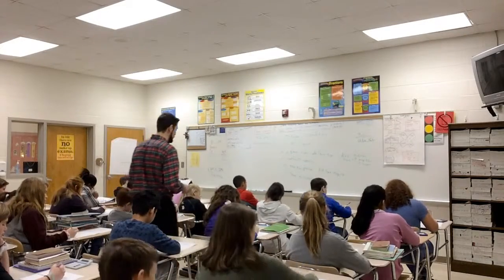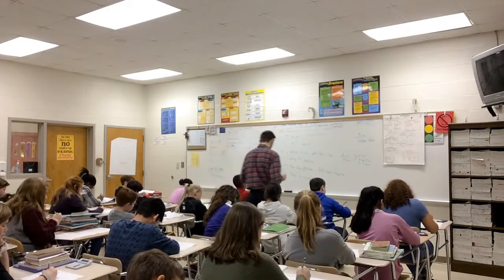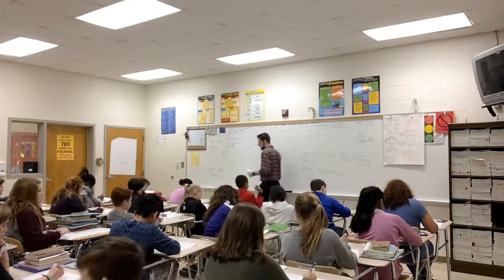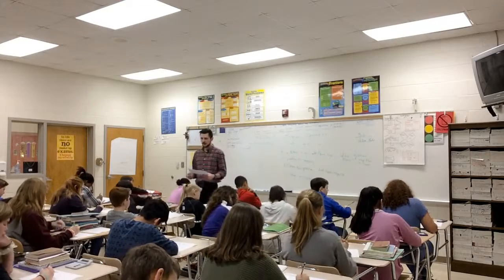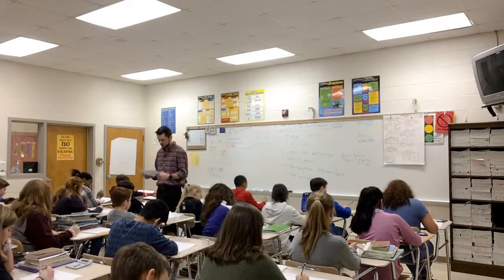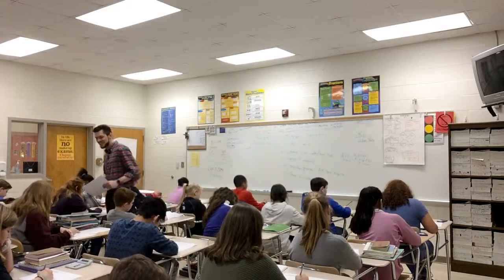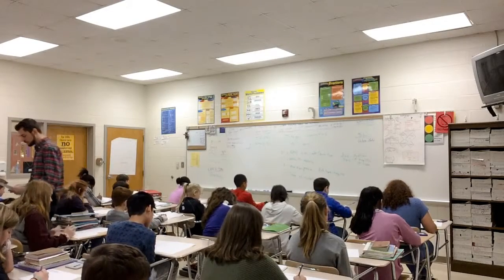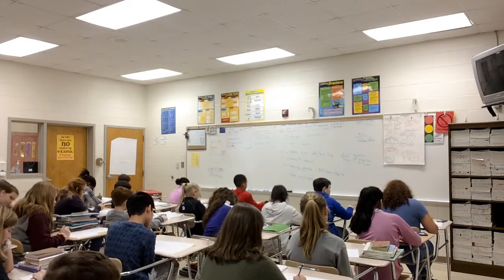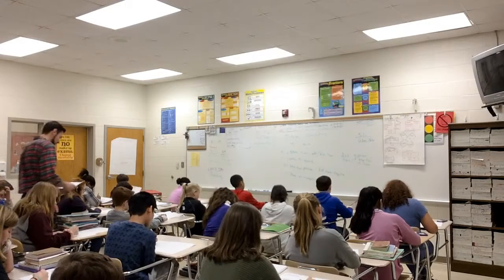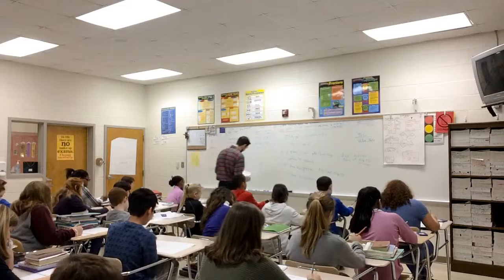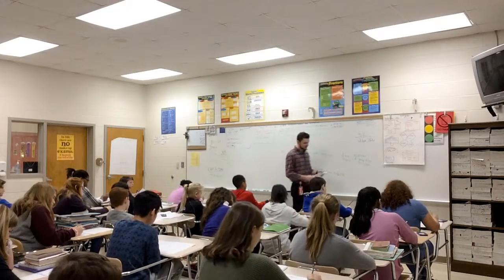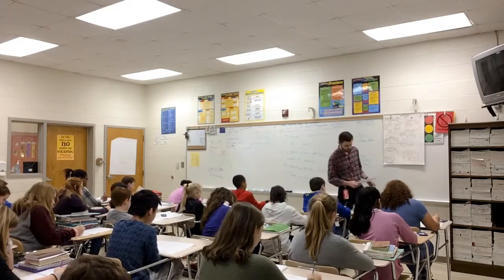The next one down should be positive 2. The next one down should be positive 8. The next one down should be negative 48. The next one down should be 8. All right, we are at the top of the middle section. 8 divided by negative 4. You should have gotten negative 2.